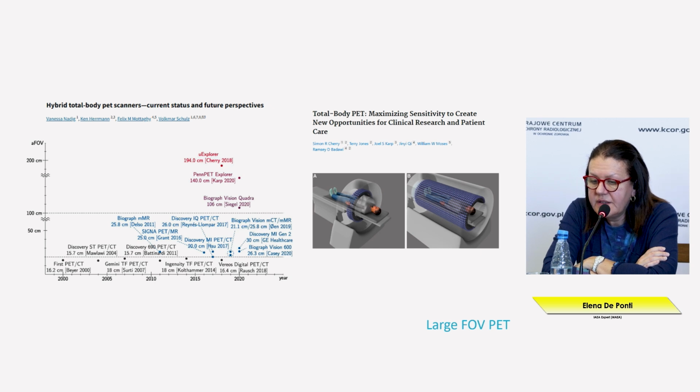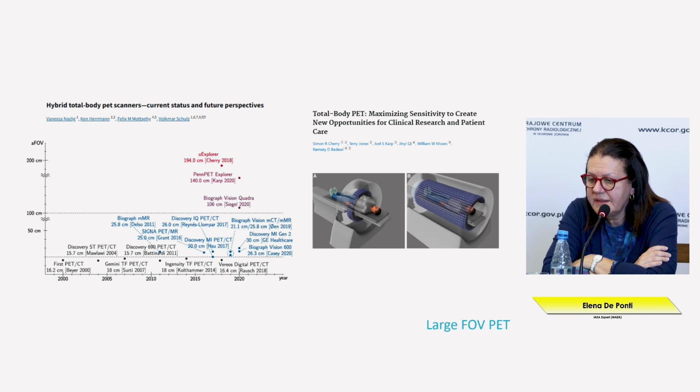Then it was progressively increased to reach some values between 20 and 30 centimeters, but now we have, since 2020, the hybrid total body PET scanners, or large FOV PET scanners, that have an axial field of view of almost 2 meters.